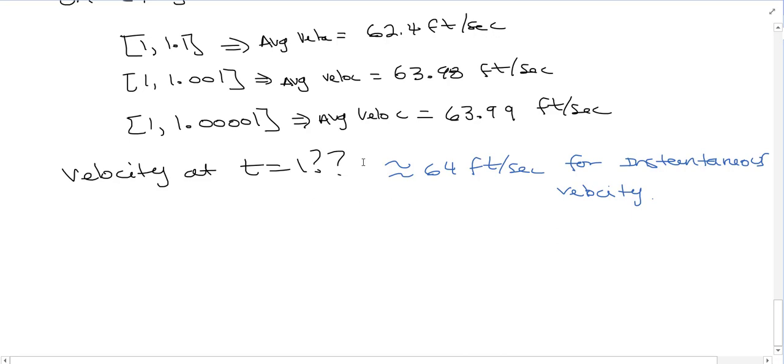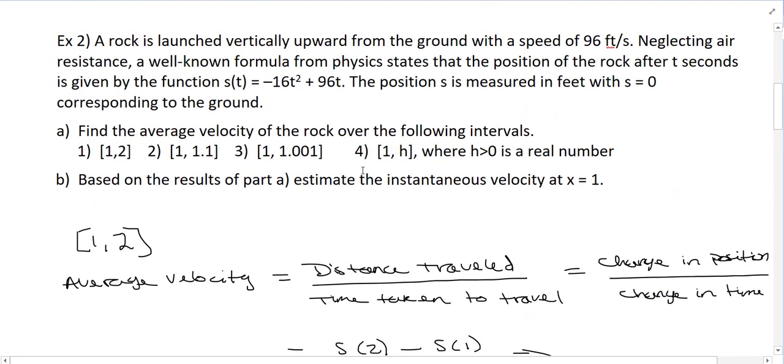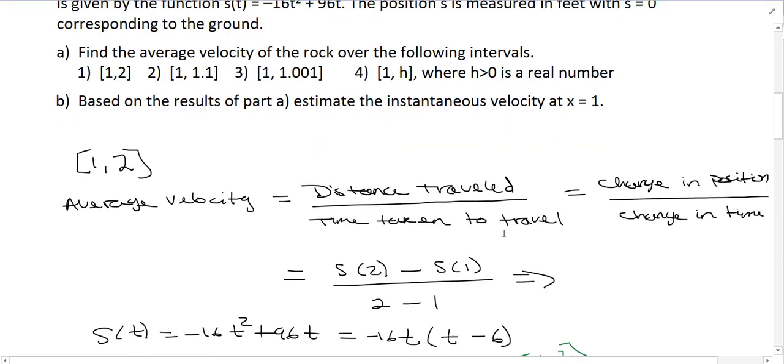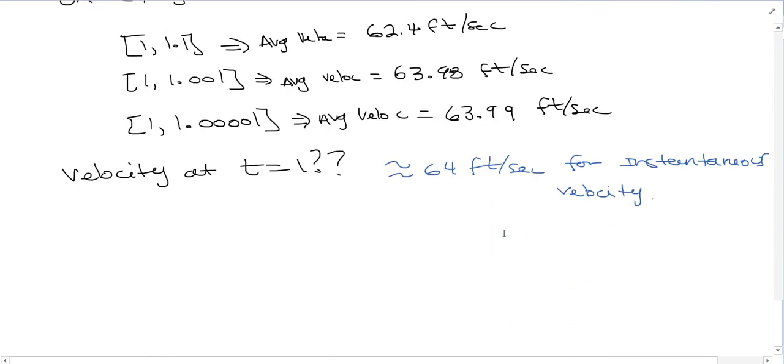Now we haven't done the last part, which is on the interval 1 and h. Before we do this one, let me write the general average velocity given a position function.